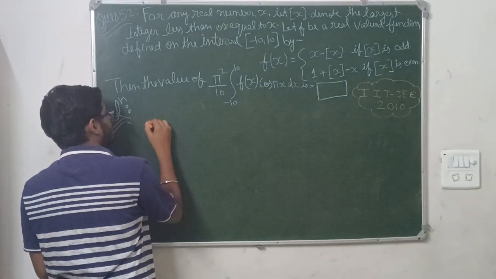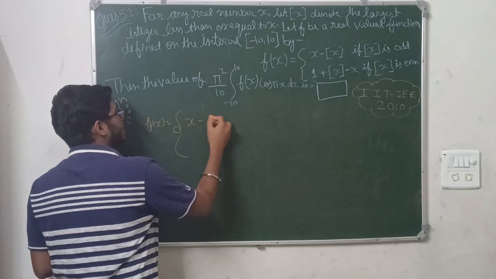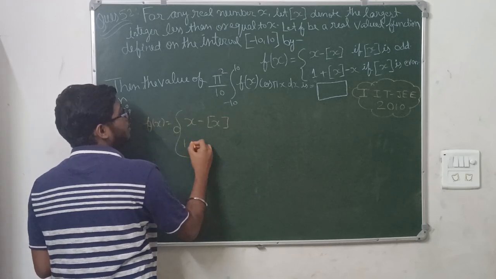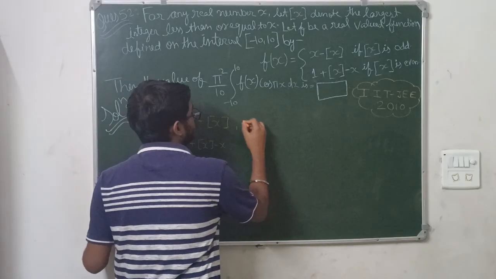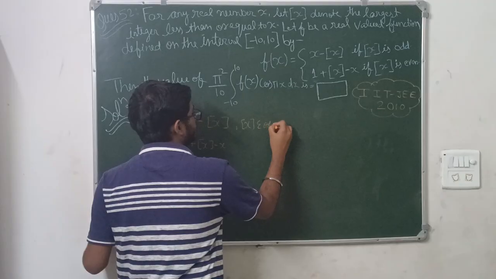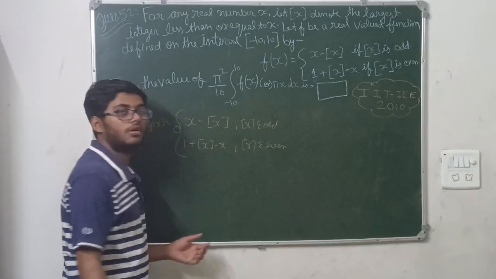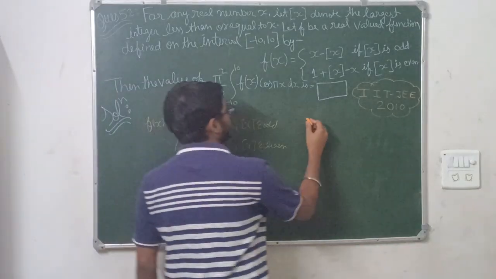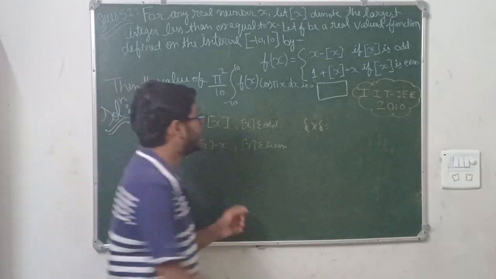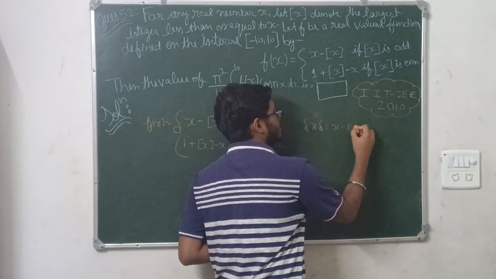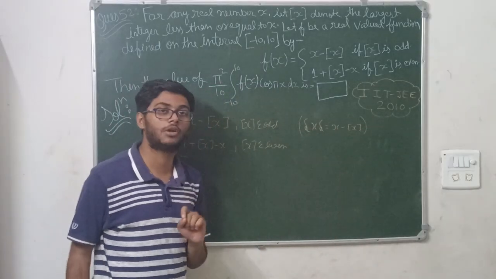First of all, see, the function is given like this: x minus greatest integer of x, and 1 plus greatest integer of x minus x, where the greatest integer of x is odd and even respectively. You know one property of the function: the fractional part of x can be written as x minus greatest integer of x.